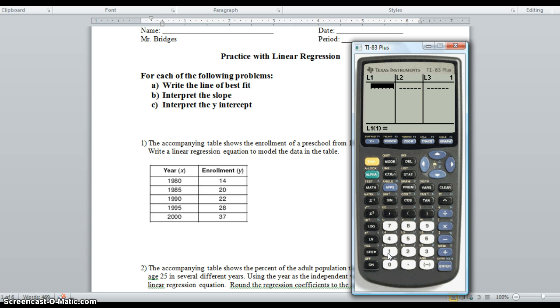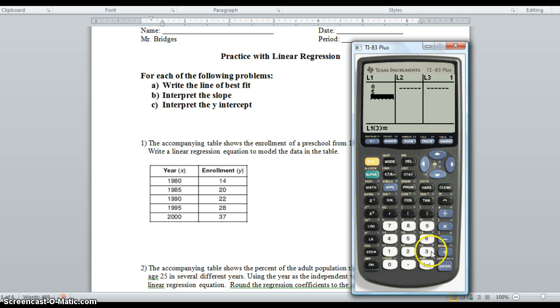Now for L1 we want to put in our X values. And again, I'm going to start here. Instead of 1980, I'm just going to put 0. And then for 1985 I put 5.